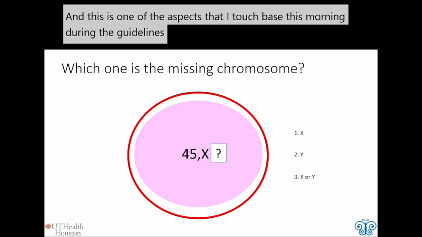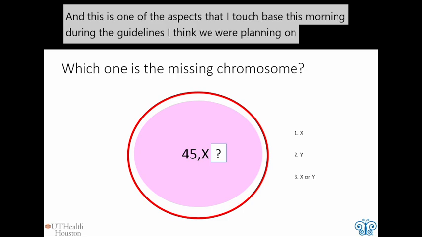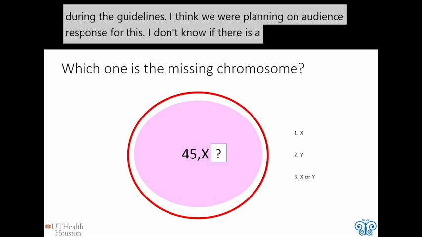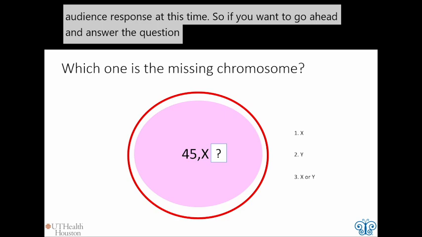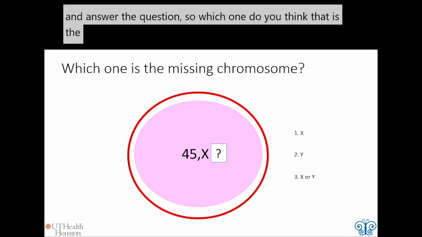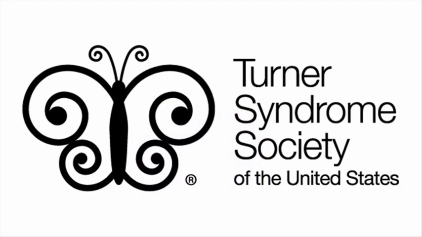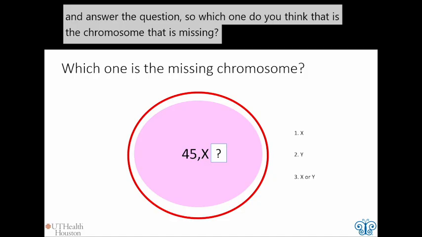I think we were planning on audience response for this. I don't know if there is a way to capture the audience response at this time. So if you want to go ahead and answer the question. So which one do you think that is the chromosome that is missing? All right.